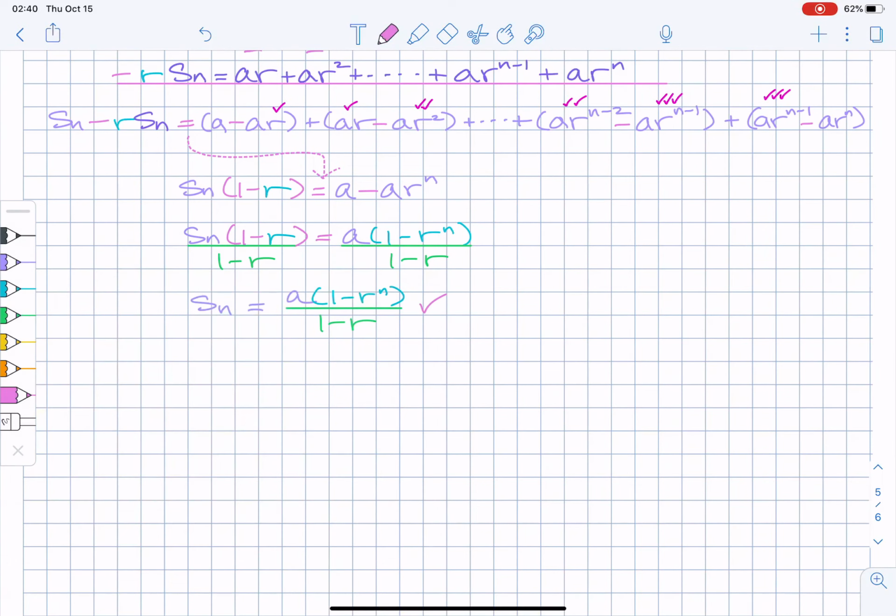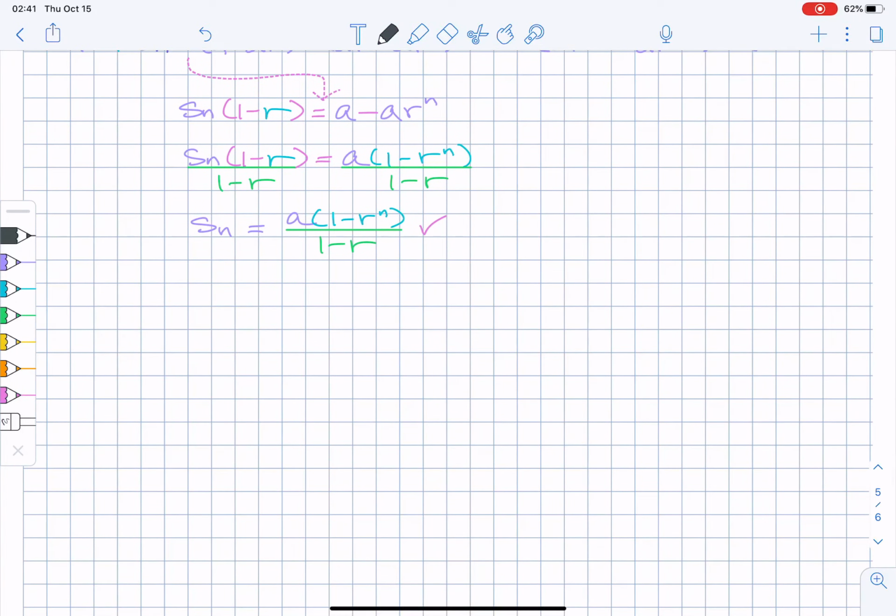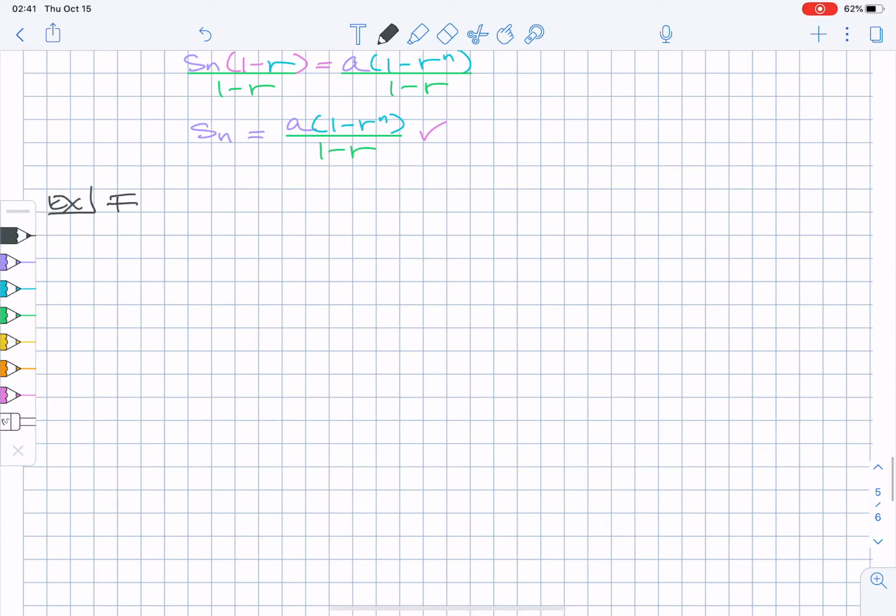Okay. So, for example, let's use this theorem now. Find the nth partial sum for the following geometric series.